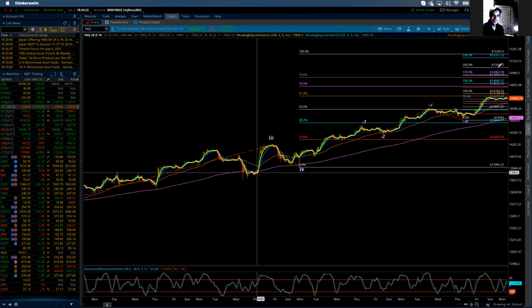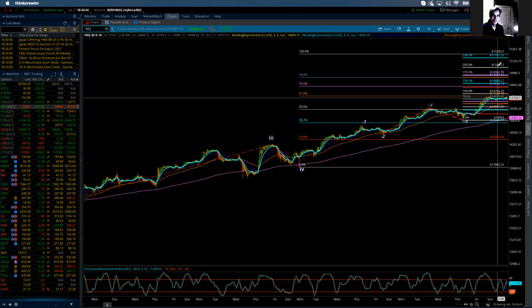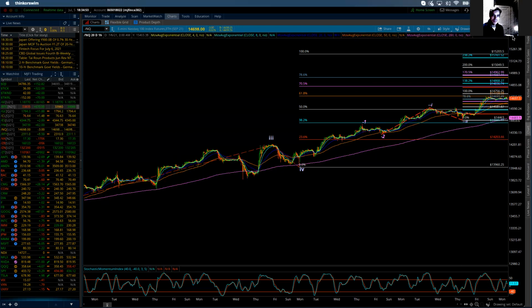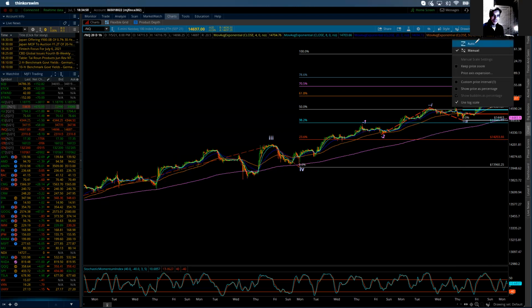So again, we're just tracking it up to its ultimate top before we get that a little bit larger, longer term corrective phase. And so for tomorrow, I am continuing to look for pullbacks to be shallow. If we really start to fall and start breaking these areas that have been resistance on the way up, they will become support on the way back down.